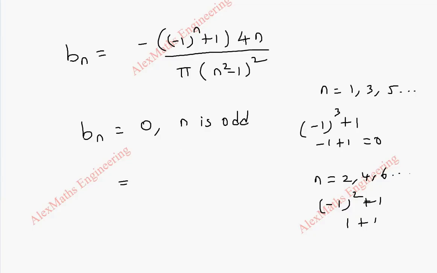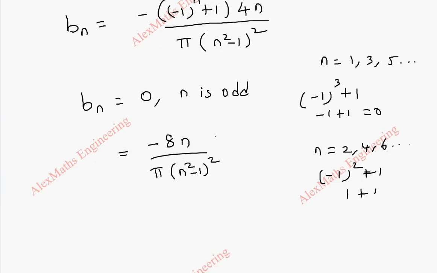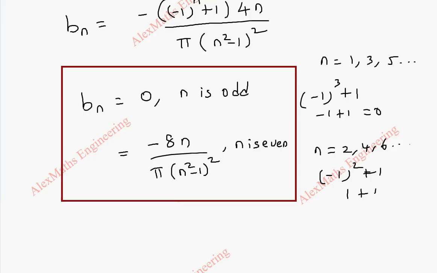So already there is a 4, so 4 2s are 8. So -8n by π into (n²-1)². So this happens when n is even. So we get the value of Bn, which is 0 if n is odd, and another term if it is even.